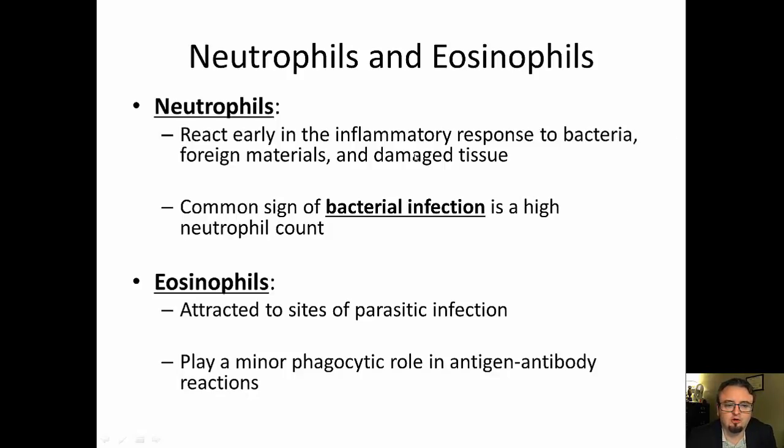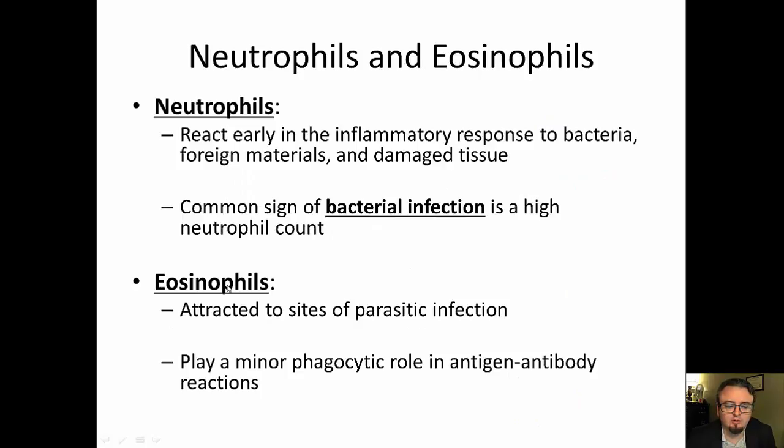So typically a foreign microbe is going to run into these first in most cases. And so they're early in the inflammatory response to bacteria, foreign materials, and damaged tissue. Typically a sign of a bacterial infection is that you have a high neutrophil count in the blood.